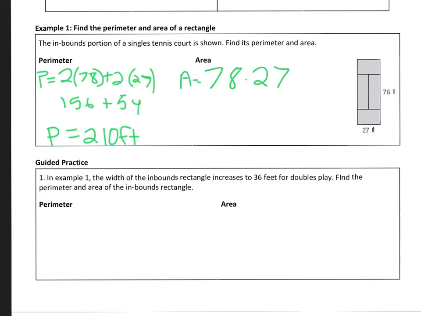The area of this court is 2,106 square feet, and that's important. Those units are important. So perimeter is just in feet. Area, square footage, square feet.